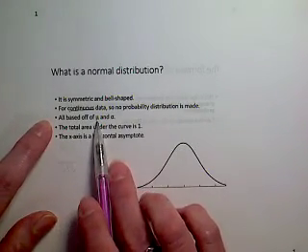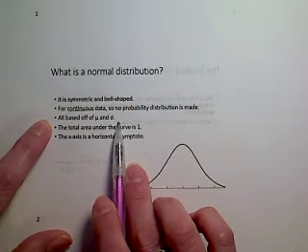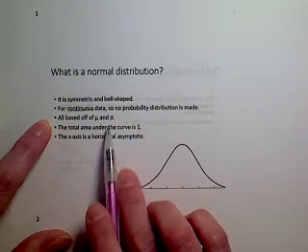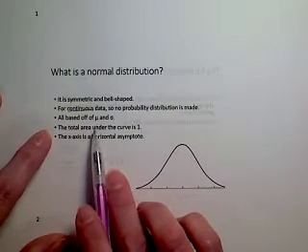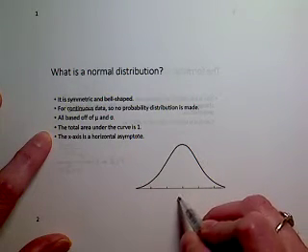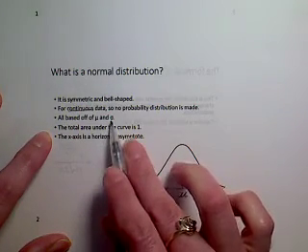Everything in here is based off of mu and sigma, and I'm sorry that's kind of fuzzy. At least it looks fuzzy on my screen right now. This camera does not seem to like this font. Alright, mu and sigma are going to define everything. Remember, mu means the mean, that's in the middle, and sigma is the standard deviation.